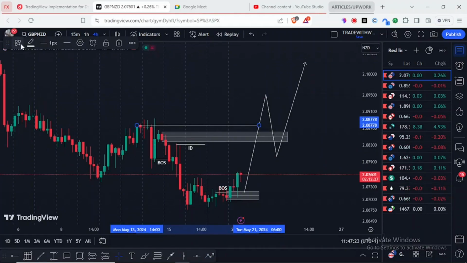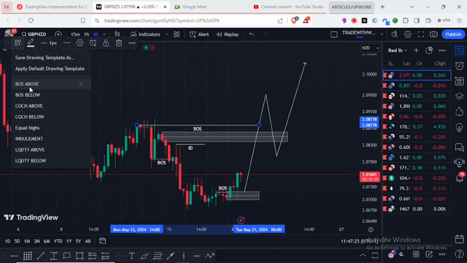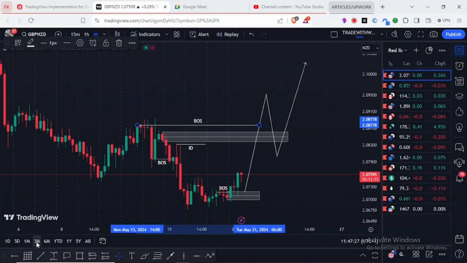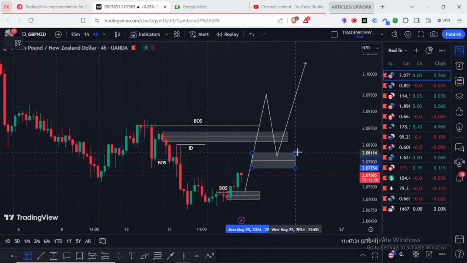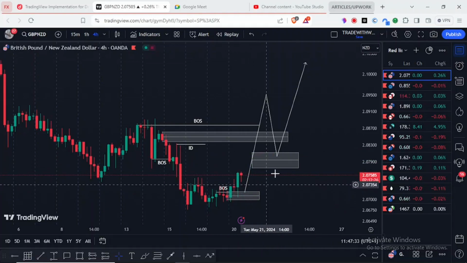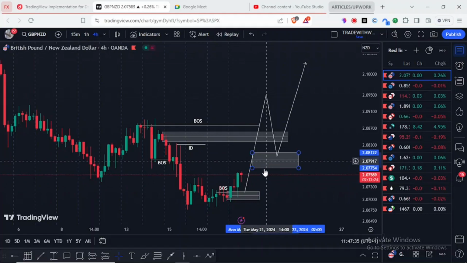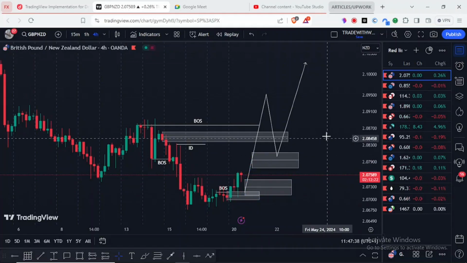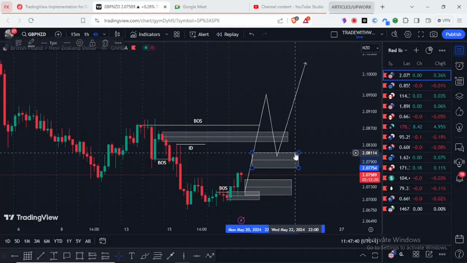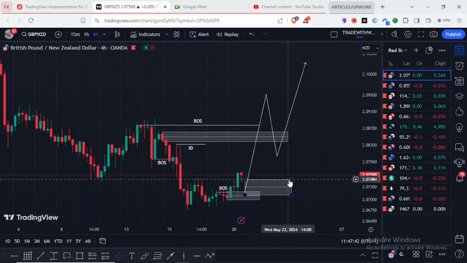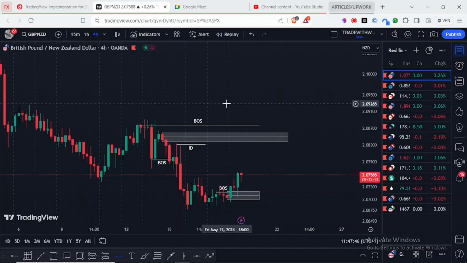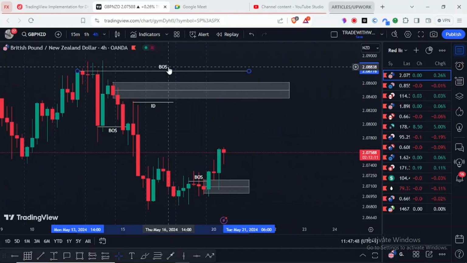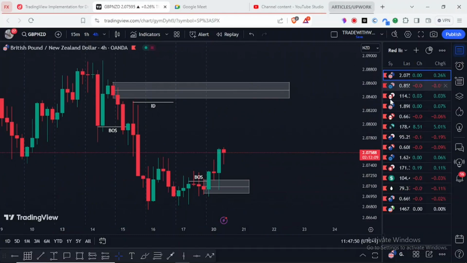There'll be a breakout structure here, and then you can proceed to use the next demand zone that caused the breakout structure, probably here or here or here. You understand? So that is what I'm going to be anticipating on that. Okay, so GBPNZD is gone. I've done justice to that.